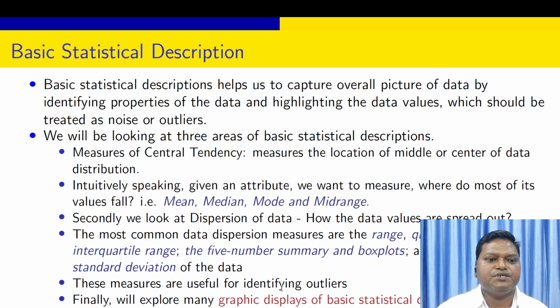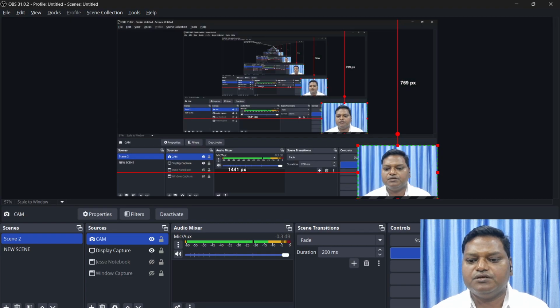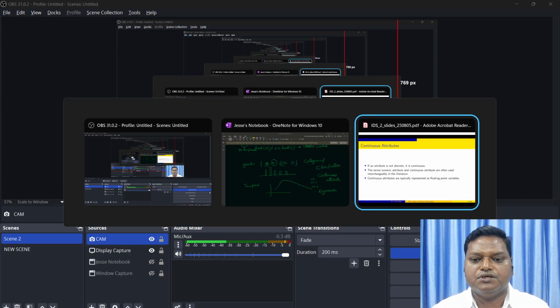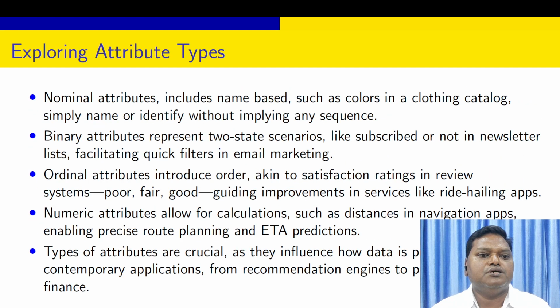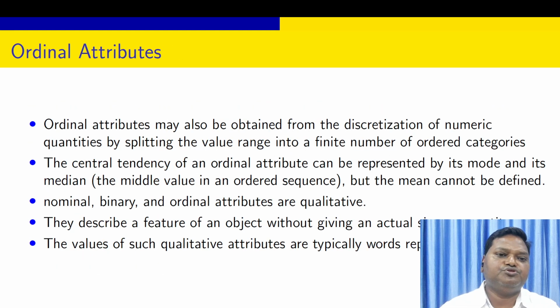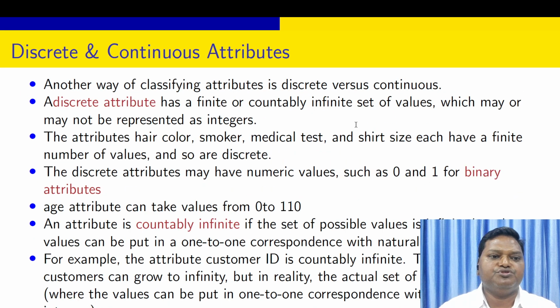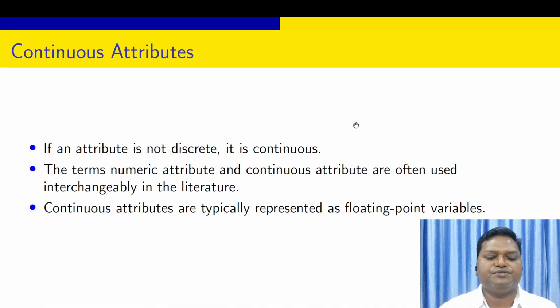Going further, these are the categories of attributes that we have seen: nominal attributes, binary attributes, ordinal attributes, numeric attributes. In numeric, two categories, interval scaled and ratio scaled attributes, and discrete and continuous attributes.